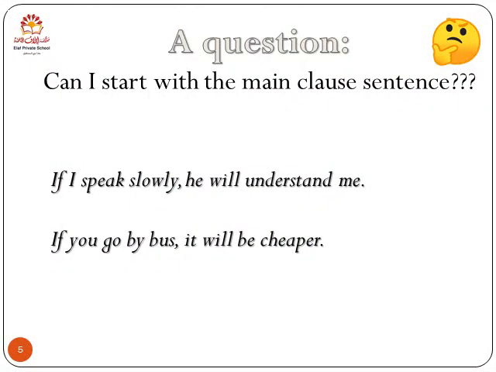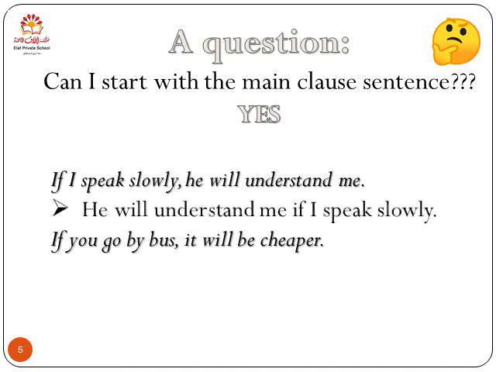Question. Can I start with the main clause sentence? I mean, can I change the order? Of course the answer is yes, you can. If I speak slowly, he will understand me. I can just simply say, he will understand me if I speak slowly.